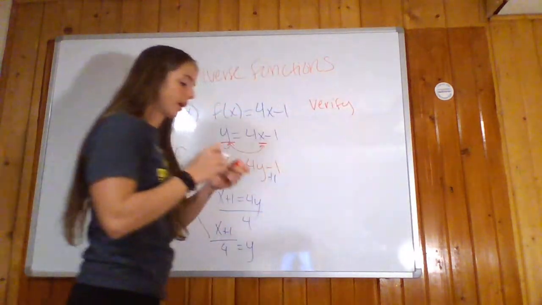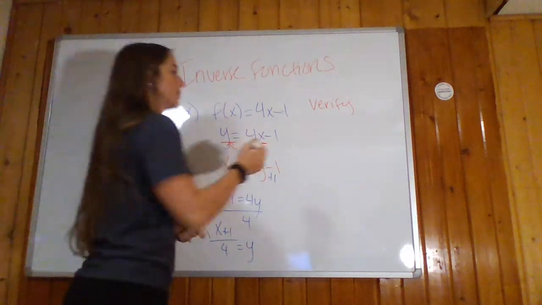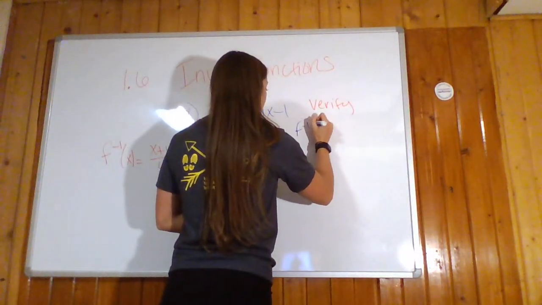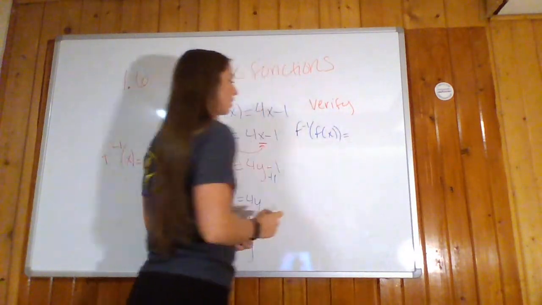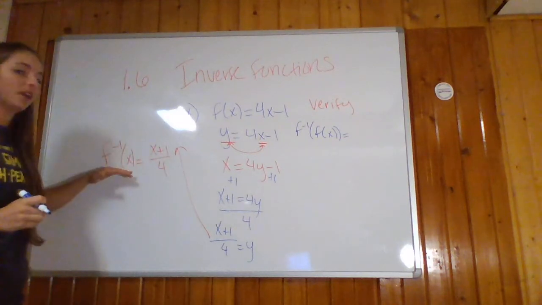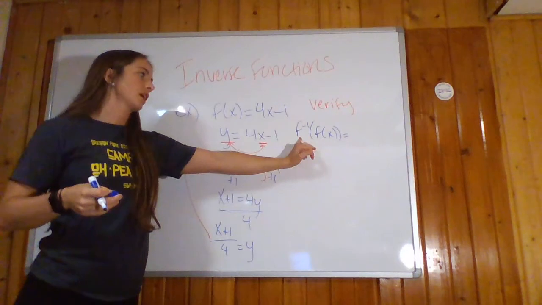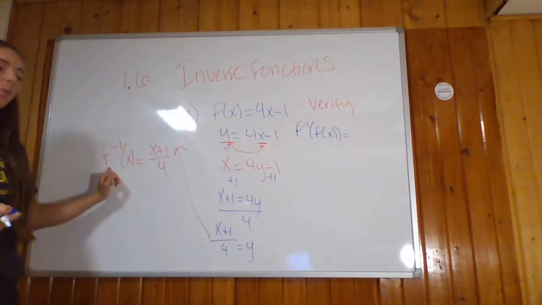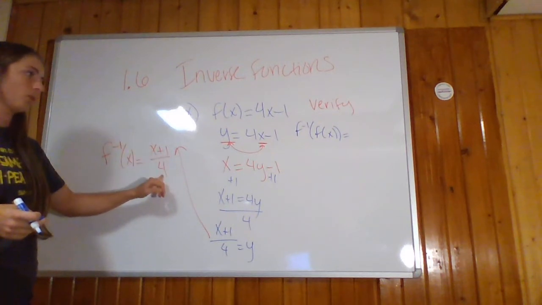In order to verify it, we need to do two different compositions of functions. The first composition of function is f inverse of f of x. So what this one starts with is my f inverse, right? When we do a composition of function, the outside function of those parentheses is the one that we start with. So I'm starting with x plus 1 over 4.